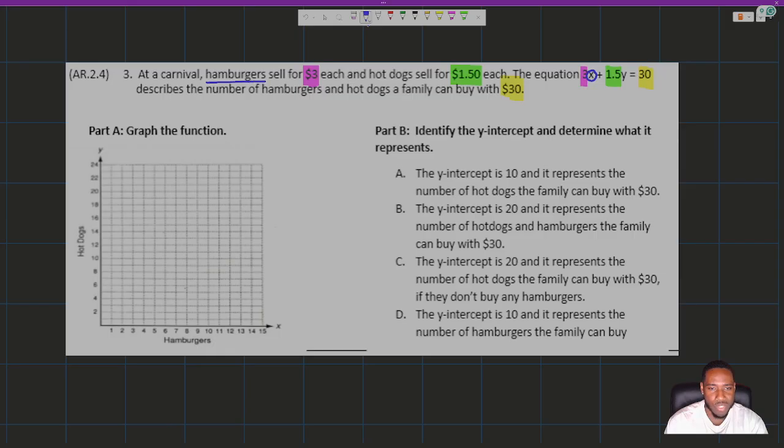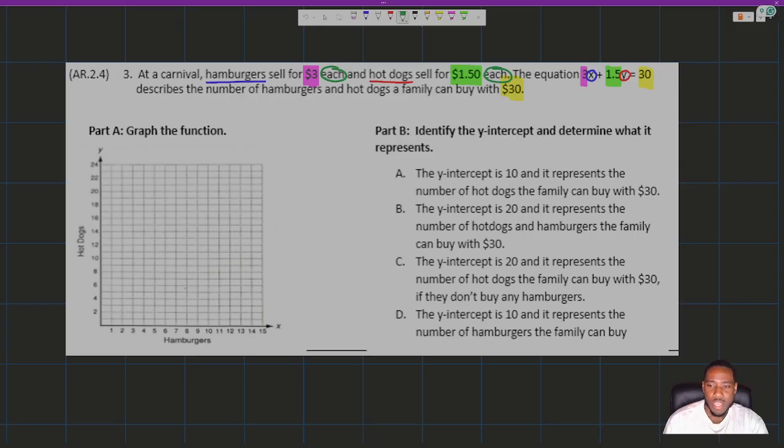Because we know hamburgers sell for $3 each, and each indicates a coefficient most often. And because hot dogs sell for $1.50 each, hot dogs must be our y. For the same reason. Usually, each indicates coefficients.